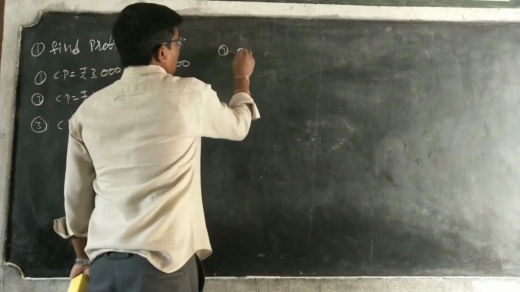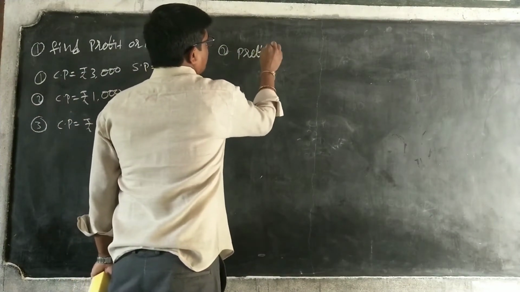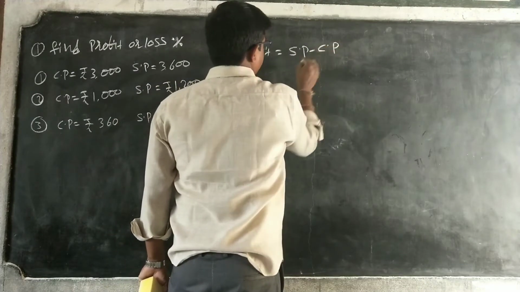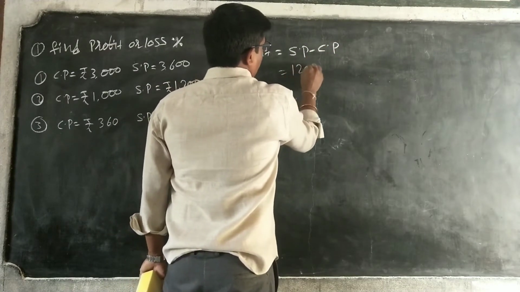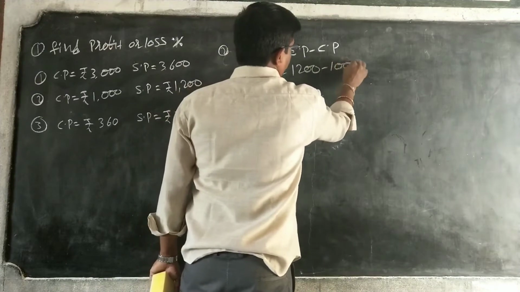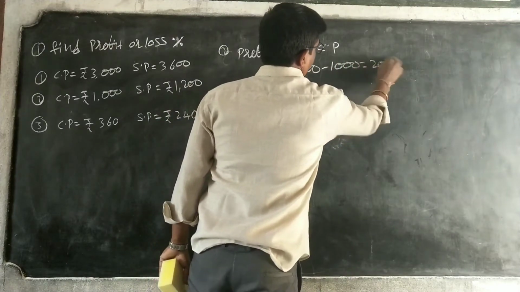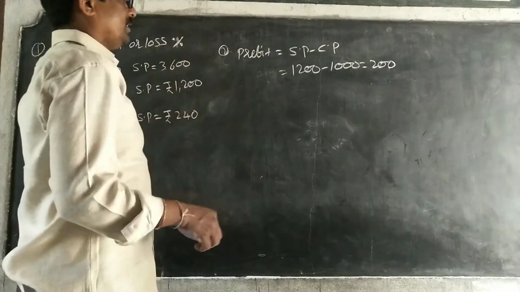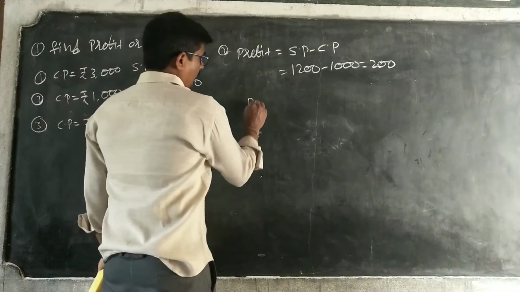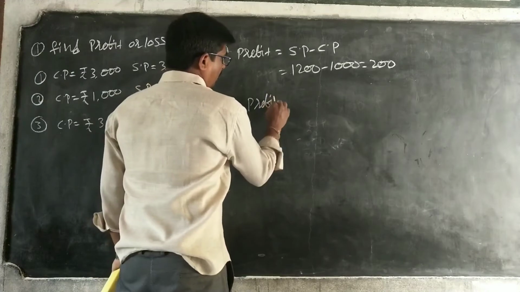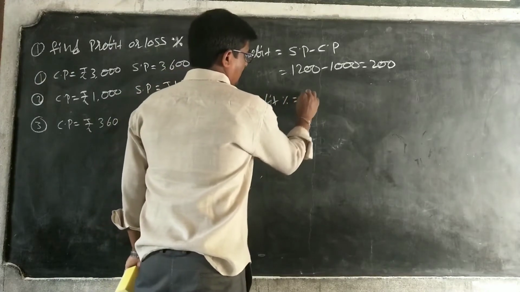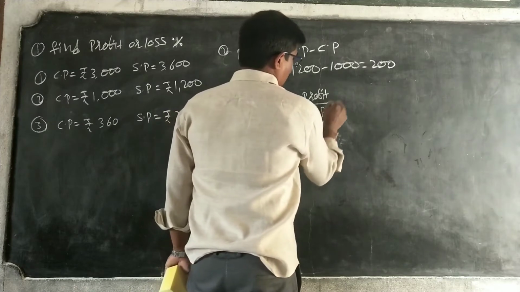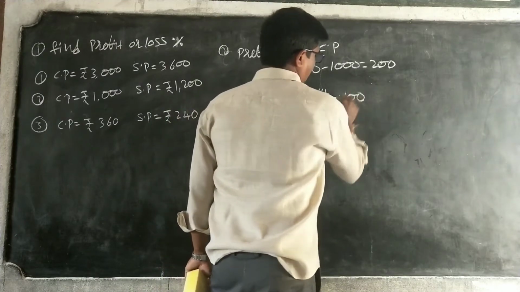So profit is equal to selling price minus cost price, that is equal to 1200 minus 1000, that is equal to 200 rupees. That is the profit. So what we have to find? We are going for the profit percentage, that is equal to profit by cost price into 100.